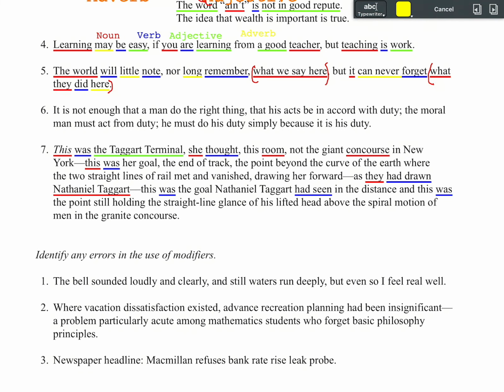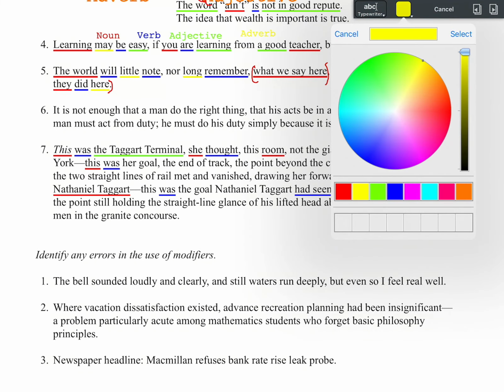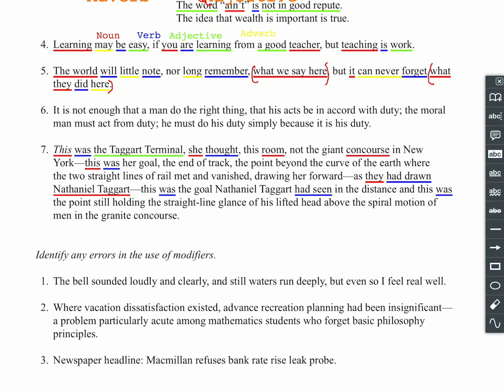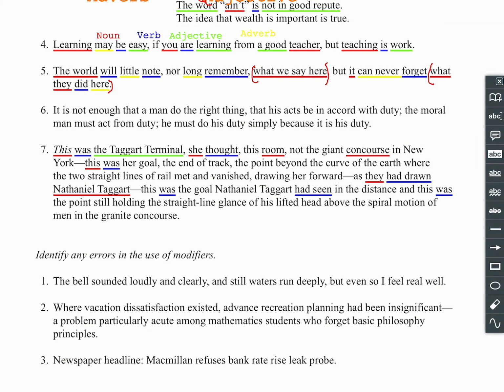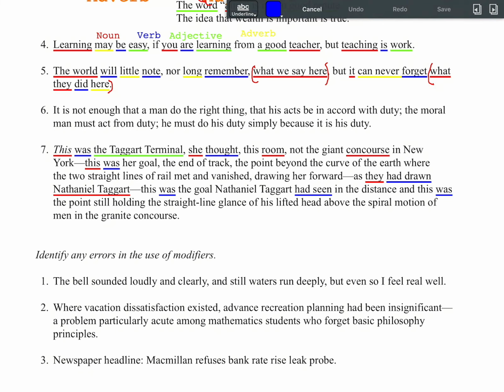Let's try something else. Oops, cancel. Alright, adjectives. So "this room" tells us about what room it was. Undo, cancel. Okay.